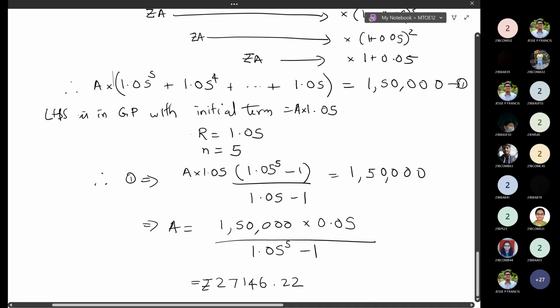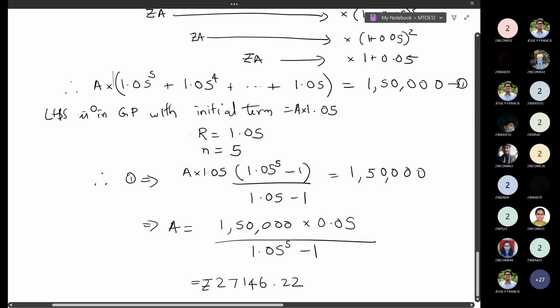Or you take the first term to be A into 1.05, second term to be A into 1.05 to the power 2, and so on. Either way, we are going to come to the same formula. That's the point. A better way to say is, try to write it that way.